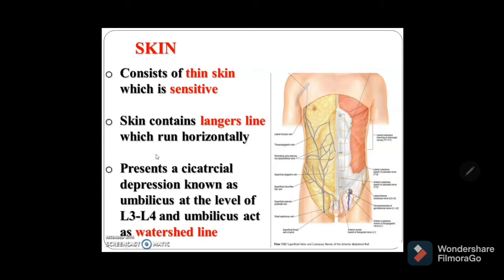It presents a cicatrix or scar tissue known as the umbilicus at the level of L3 and L4. The umbilicus acts as a watershed line, meaning it has different neurovascular supply above and below. It is a boundary between the 2 zones with different neurovascular supply.